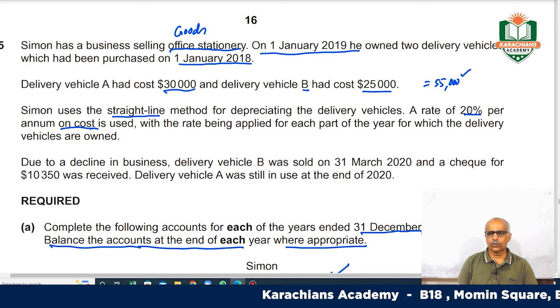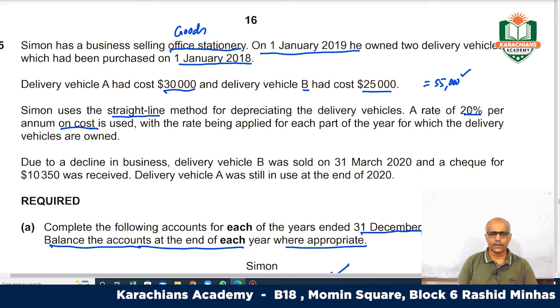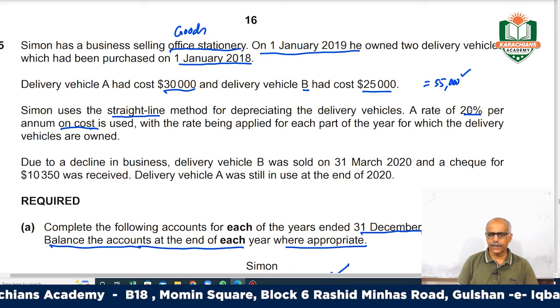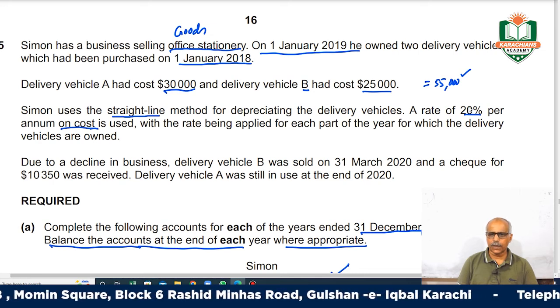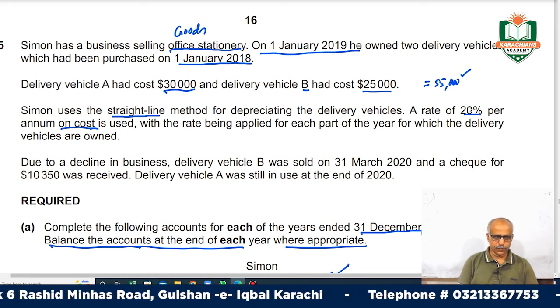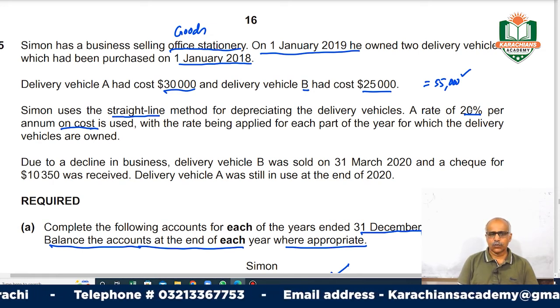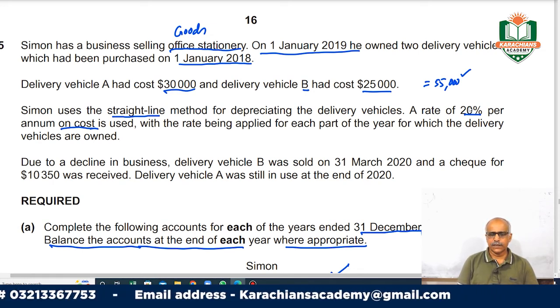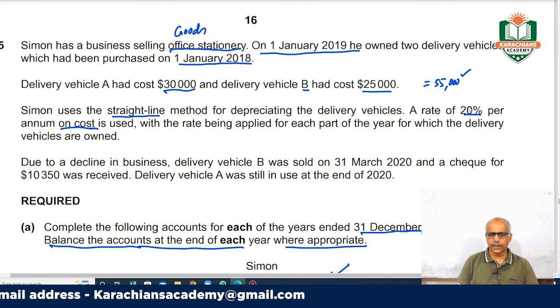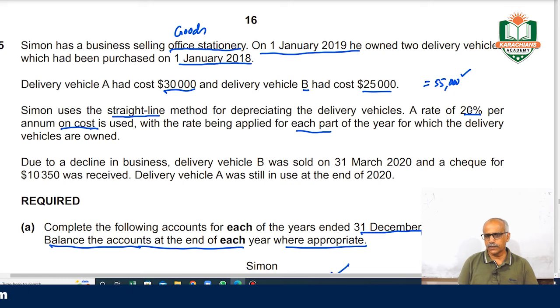So 20% will be applied on original cost, right, with the rate being applied for each part of the year for which the delivery vehicles are owned. Very carefully read this. What is he saying? He is saying with the rate being applied for each part of the year.